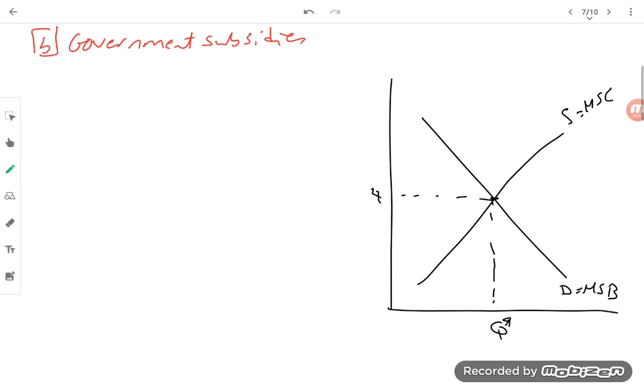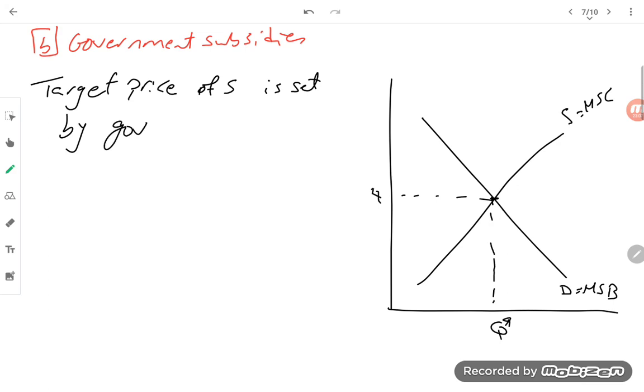The government decides that the target price is 5 instead of 4. So this is the new price level.